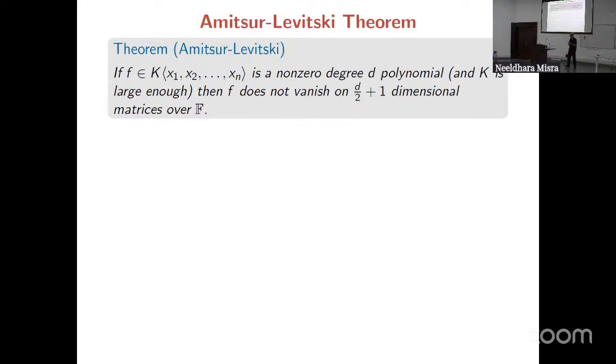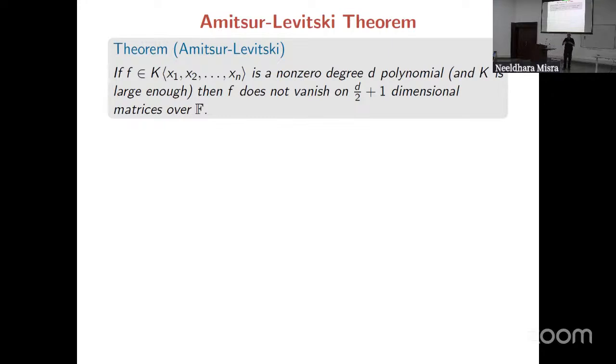What this theorem says, one half of it at least, is that if you have a degree d polynomial which is non-zero in the free non-commutative ring generated by x1 to xn, then it does not vanish on d by 2 plus 1 dimensional matrices.